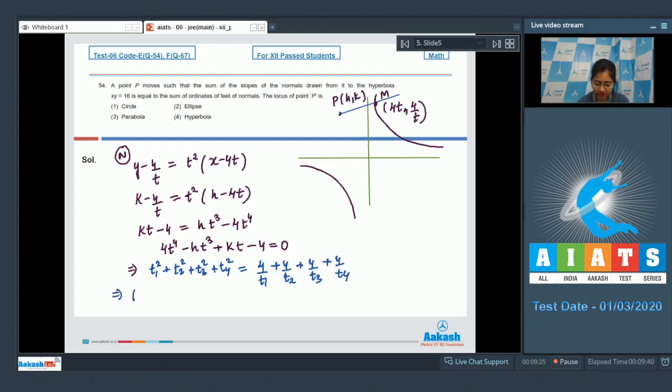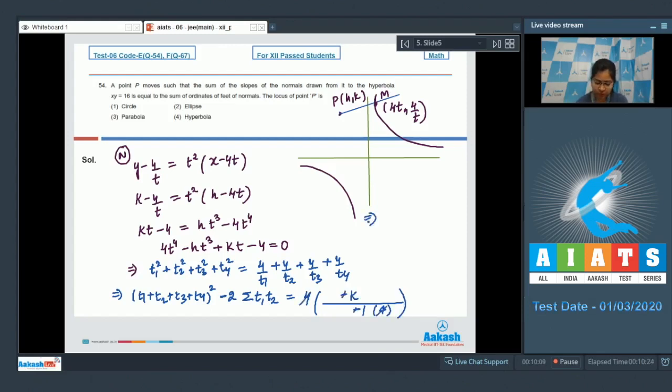So solving this, we can write it as (t1 + t2 + t3 + t4)² − 2 times the summation taking 2 at a time, that is t1t2, equal to 4 taking common. In the denominator we have the product of all 4 at a time, that is −1, and in the numerator we have the sum taking 3 at a time, so it is −k/4. So the minus is cancelled, 4 is cancelled.